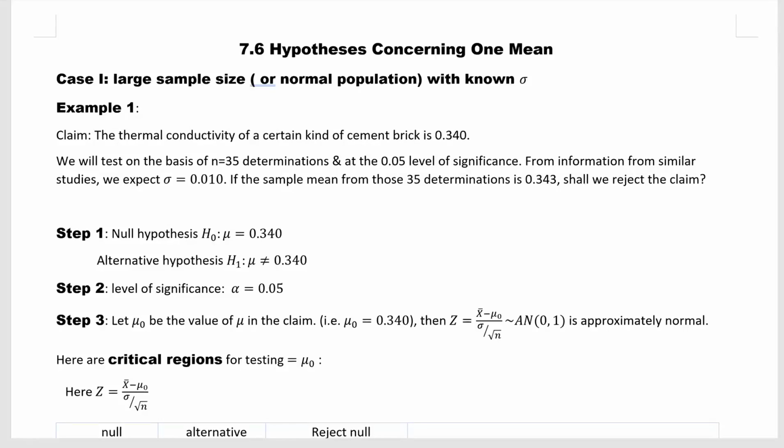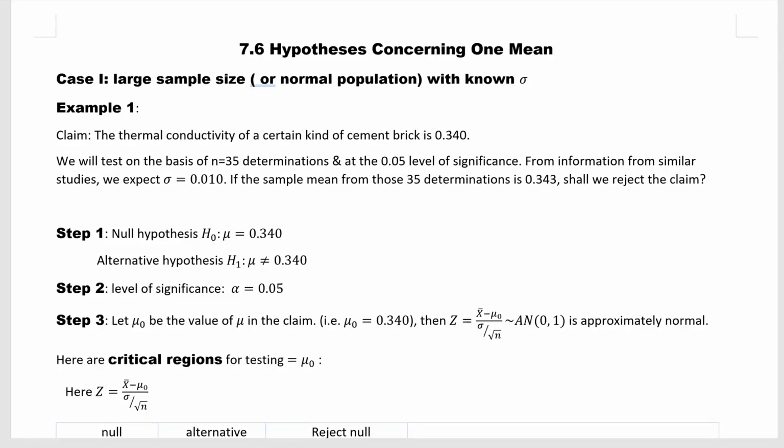Example 1. Claim the thermal conductivity of a certain kind of cement brick is 0.34. We would test on the basis of n equals 35 determinations and at the 0.05 level of significance.